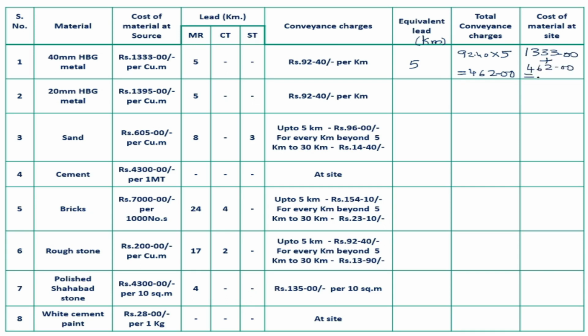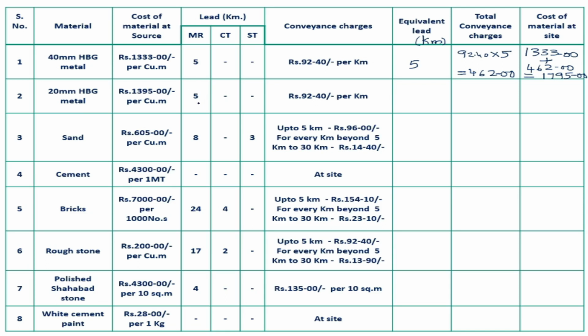Total cost at the site is 1795 rupees. To get 40 mm HBG metal from source to site, it is required 1795 rupees.